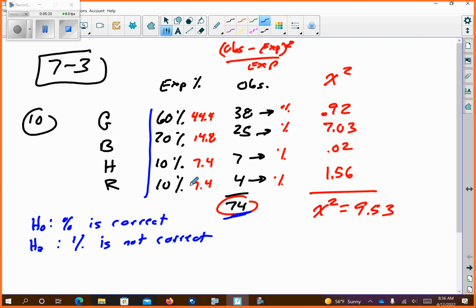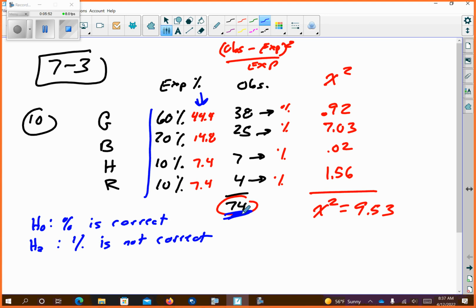So this is what we would expect if we only had 74 snakes that we're dealing with. So you just converted the percents in the expected category? Yeah, because we had the 74 snakes. So if we collected 74 snakes, we were expecting 60%. That means that 44.4 of the snakes, and I realize you're not going to have 0.4 of a snake, should have been the garter snake, but we observed that there was only 38, so there was just differences in that.